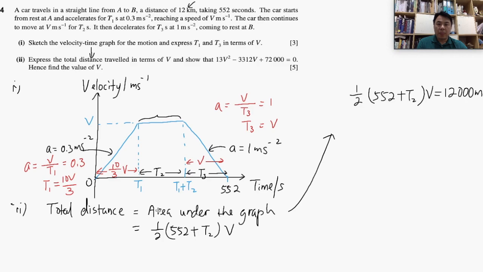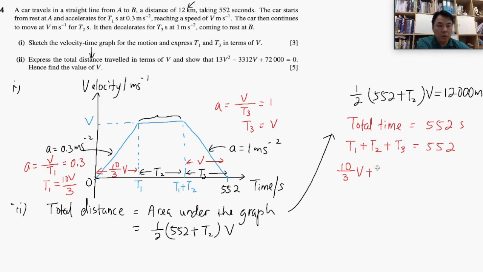And then one more piece of information we know is that the total time is equal to 552 seconds. This total time is basically given by T1 plus T2 plus T3, and that should be equal to 552 seconds. So what do I have for T1? My T1 is 10 over 3 v.